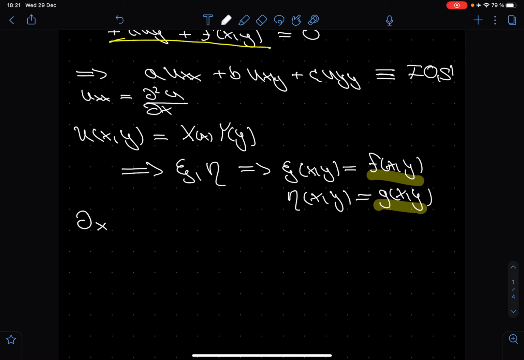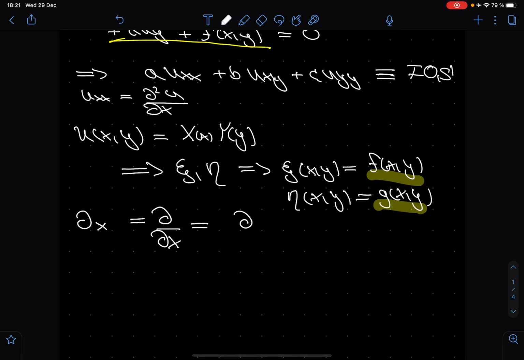So if you want to have the differential operator d/dx, and you want to know how this looks in the other coordinate system, you just apply the chain rule.